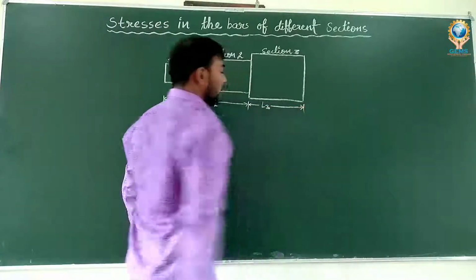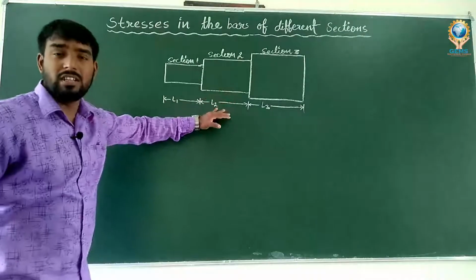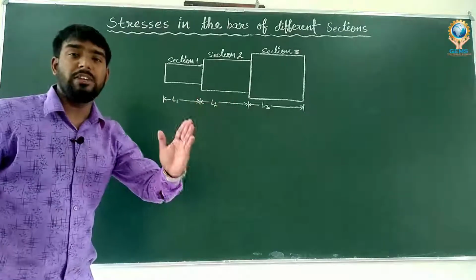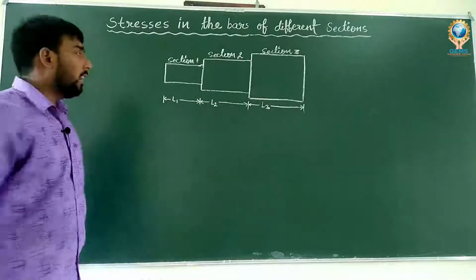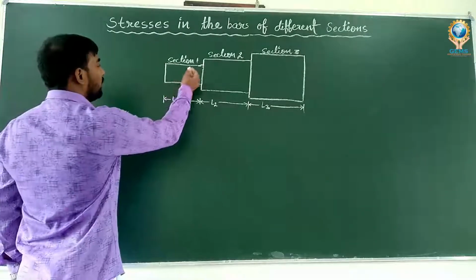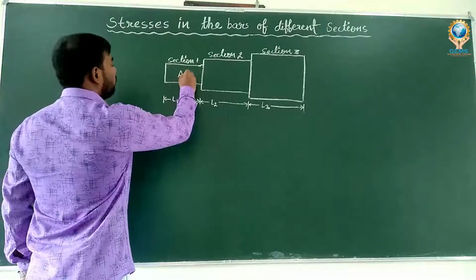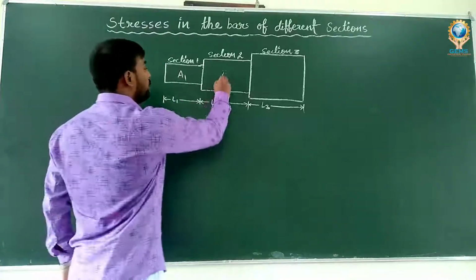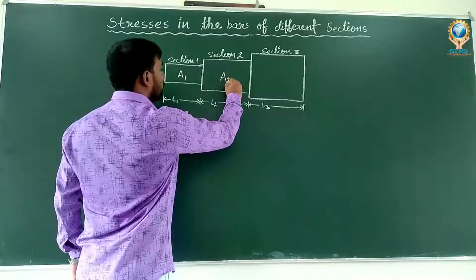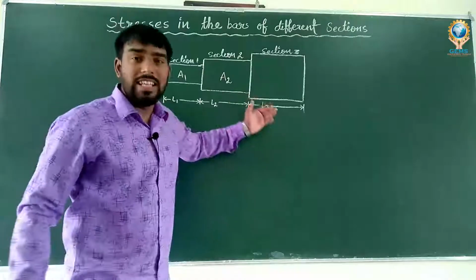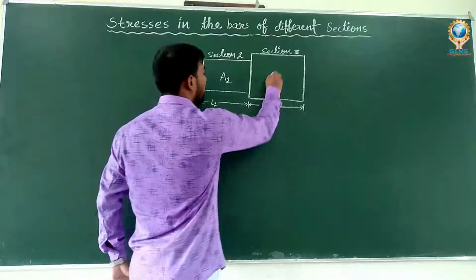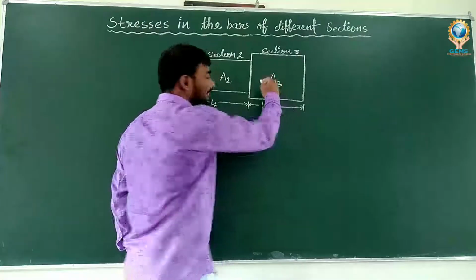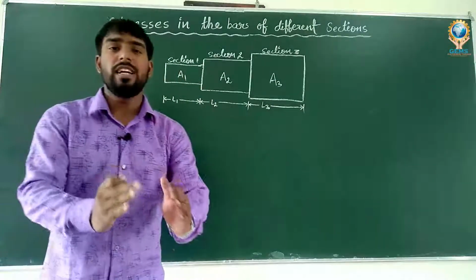That means they don't have similar length; they all have different lengths. And suppose section 1 has area A1, section 2 has area A2, and section 3 has area A3. That means all three sections have different areas.